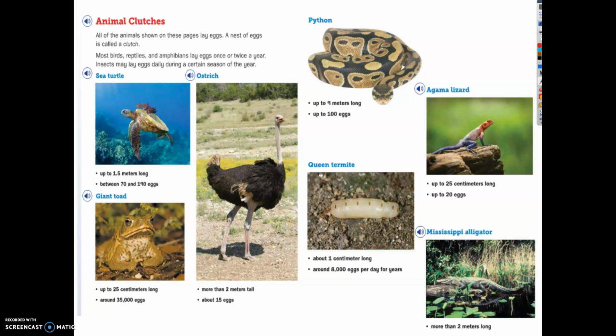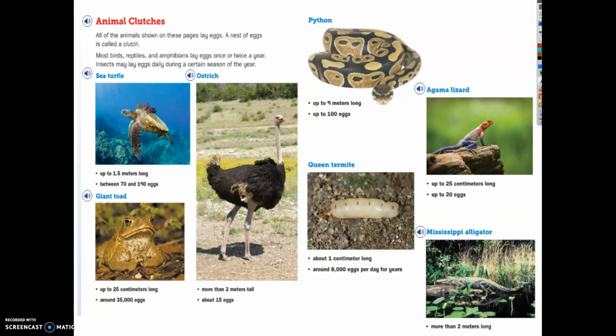So this just talks about animal nests or animal clutches. All the animals shown on these pages lay eggs. A nest of eggs is called a clutch. Most birds, reptiles, and amphibians lay eggs once or twice a year. Insects may lay eggs during certain seasons of the year.